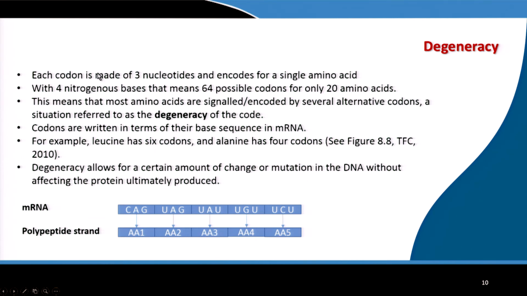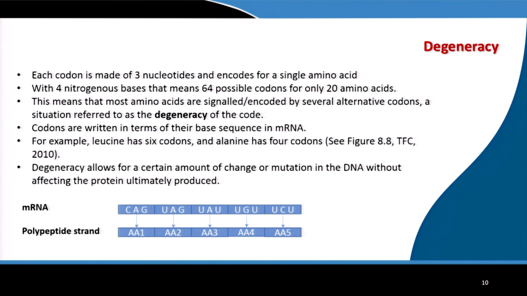So in the case of the codons, we have 64 possible codons. Now these 64 possibilities are actually going to be translated into only 20 amino acids. So what that means is that nature has built-in degeneracy.